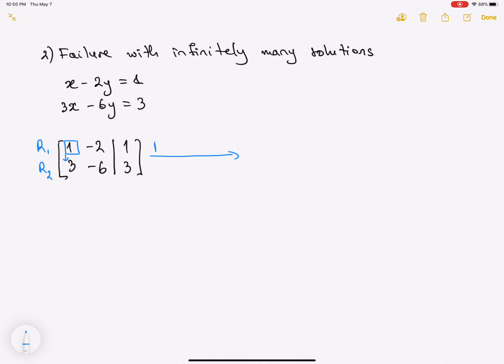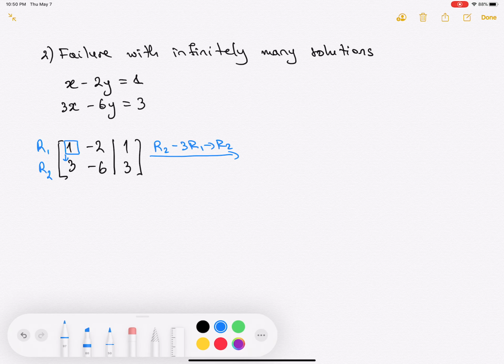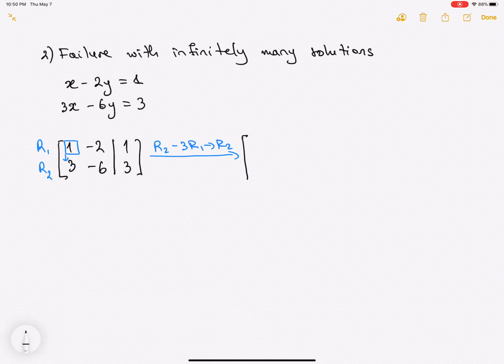So we have R2 minus 3R1 into R2. What we get is 1, -2, 1, no changes in the first row. Then we have 3 minus 3 is 0. Then we have -6 plus 6, that gives us another 0. And then we have 3 minus 3 gives us another 0.